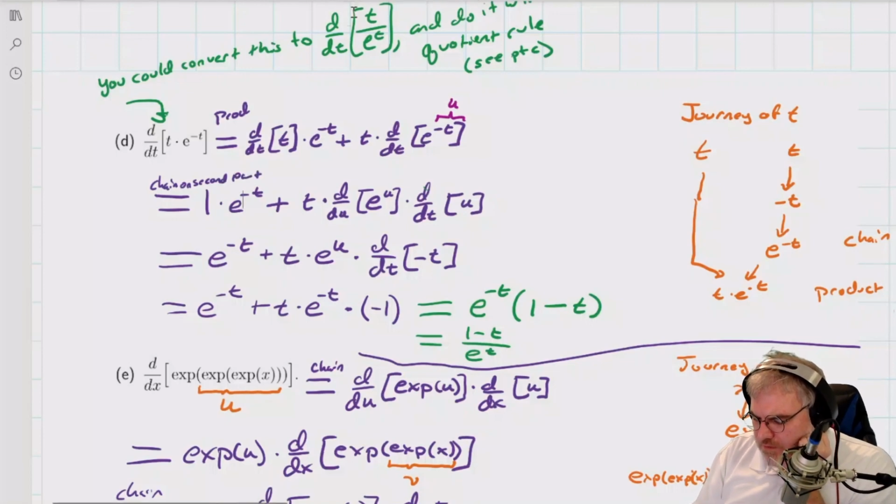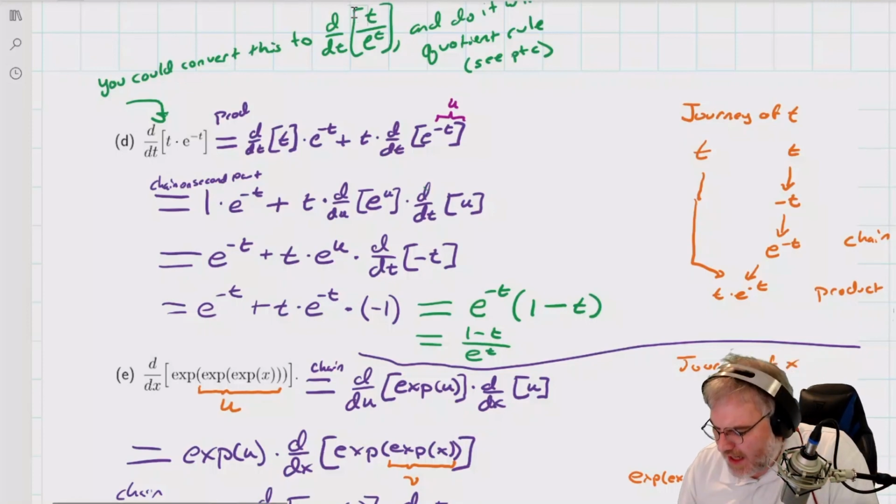So I've got the derivative of this is 1, e to the negative t plus t d over du of e to the u, times d over dt of u. And that's going to give me e to the negative t plus t times e to the u times d over dt of negative t. And that's going to wind up being e to the negative t plus t times e to the negative t times a negative 1.